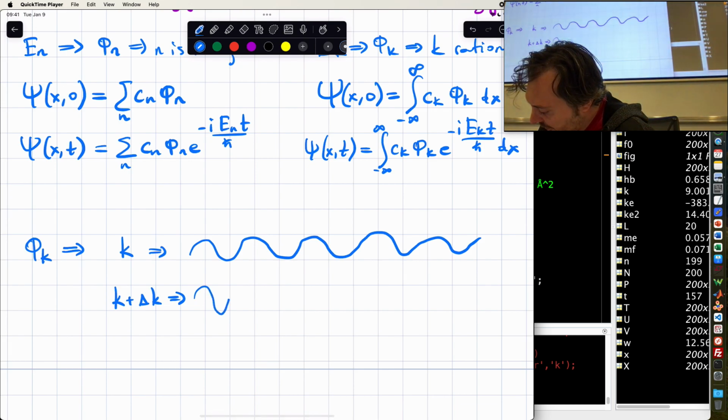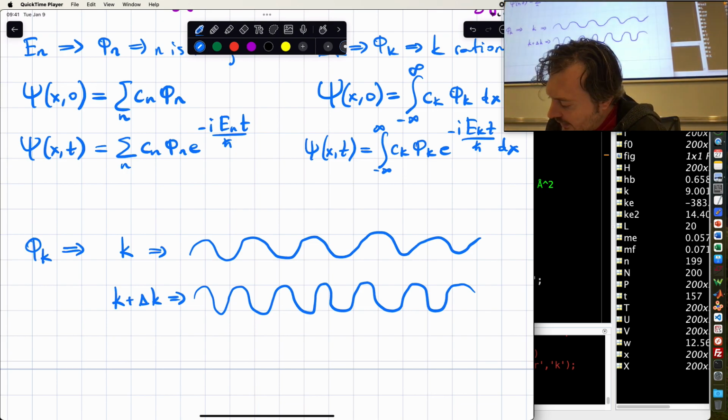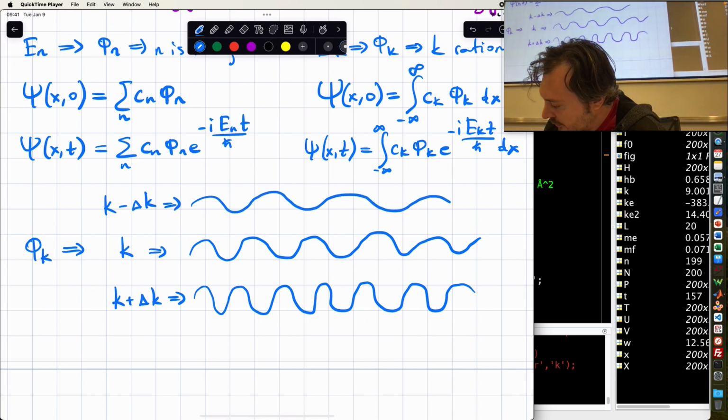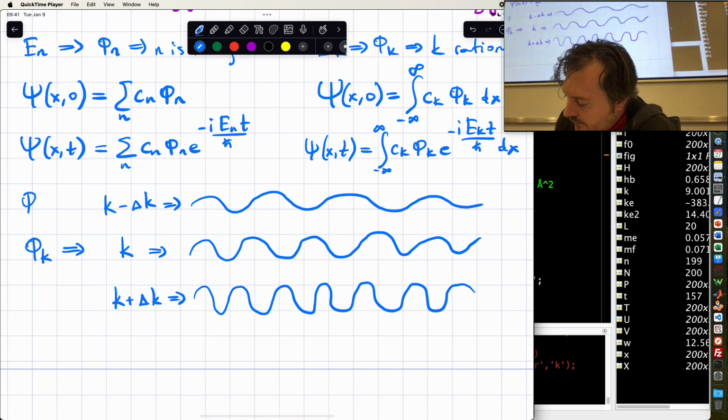Shorter wavelength, so let me draw it shorter. It's visibly shorter, right? And k minus delta k is a bit longer. So this is your phi at k minus delta k, and this is your phi at k plus delta k.